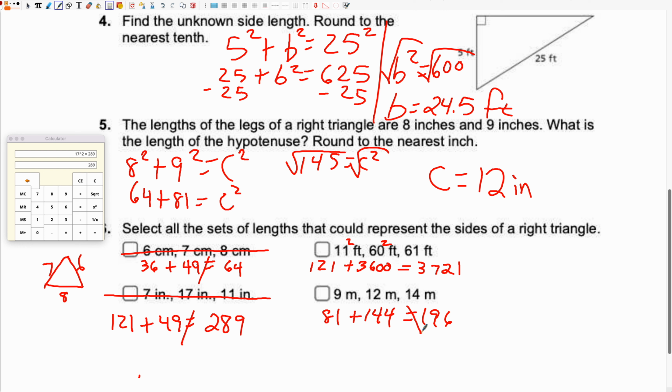If you actually want to do 81 plus 144, that's 225, and then you have 225 equals 196. Well, that's where it falls apart. I'm just skipping a step here, so I suppose I should be filling those in. So 225 does not equal 196. All right. So if that helps, then I shouldn't take shortcuts during a review, I guess.